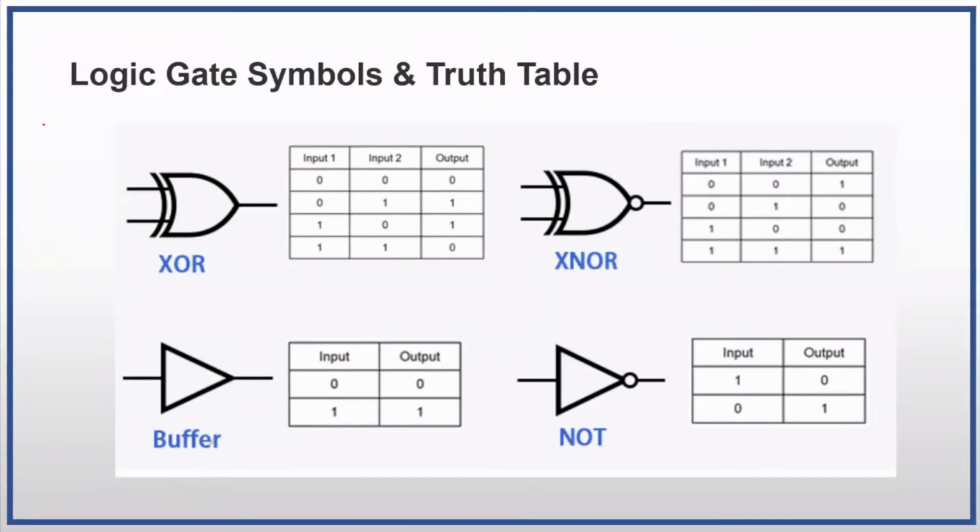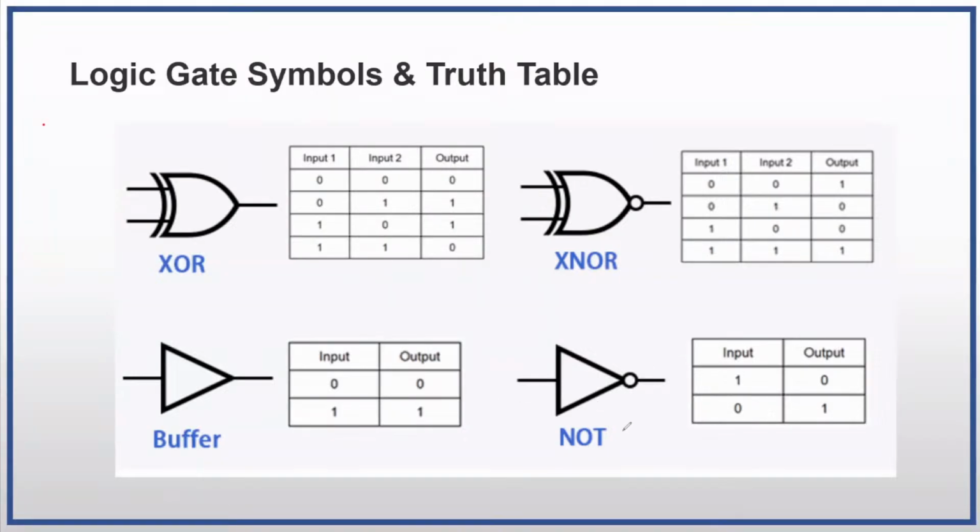Buffering means the unit gain. That means no change in the input. Just like that in digital electronics, in the logic gate part, the buffer also means no change in input. If you give the input as 0, you get 0 output, and input as 1, the output is 1.